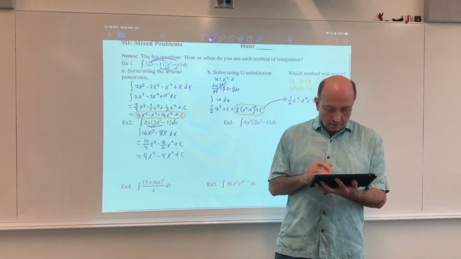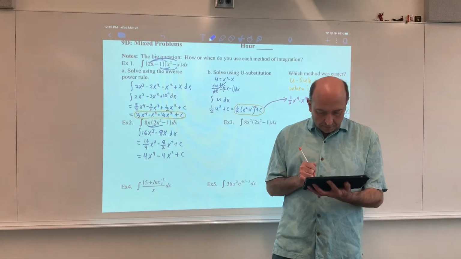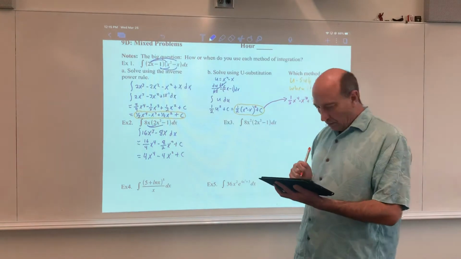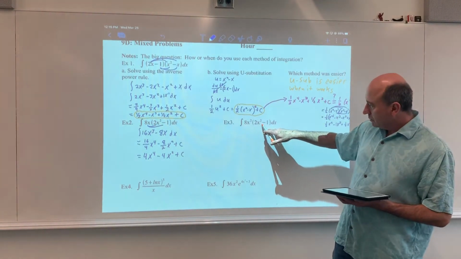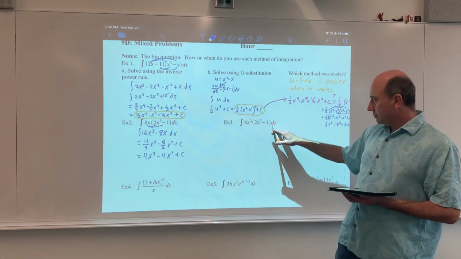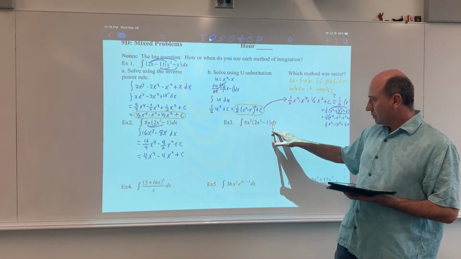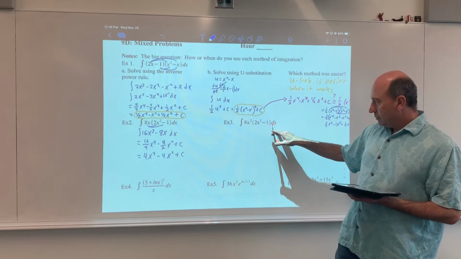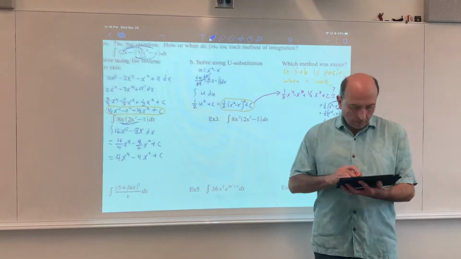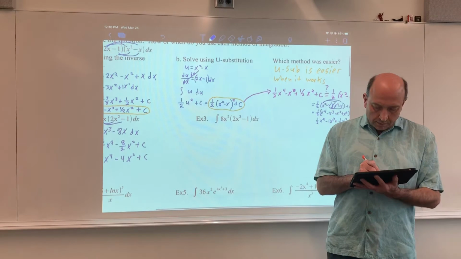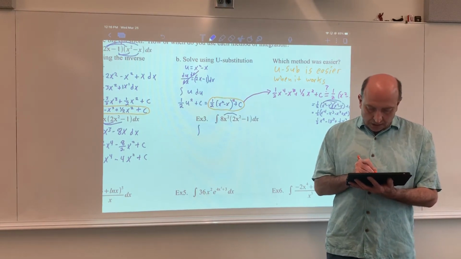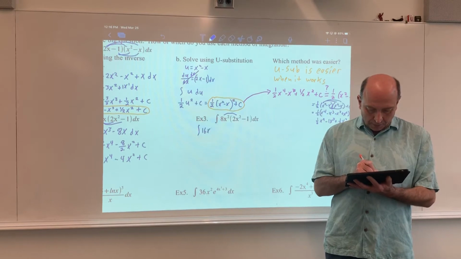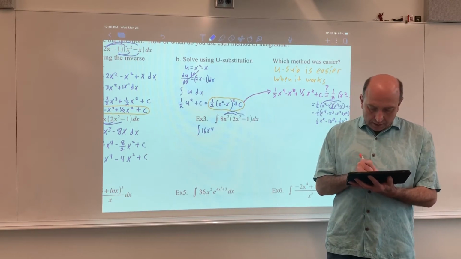Okay. This one. The distributing it looks easy. Now, 8x squared times 2x squared is 16x to the 4th. 8x squared times negative 1 is 8x squared.